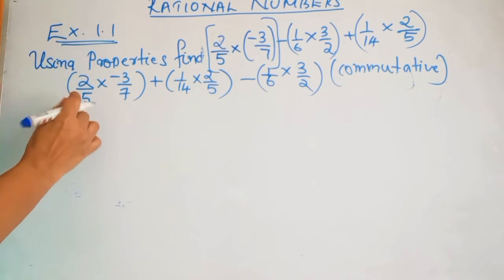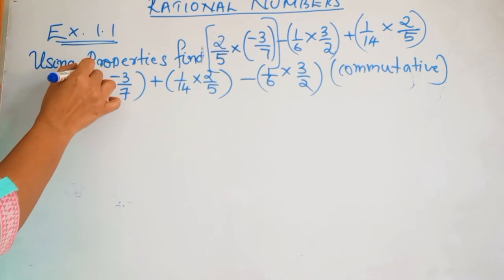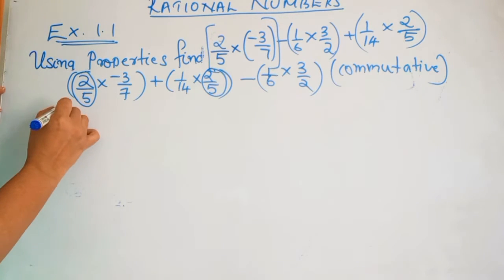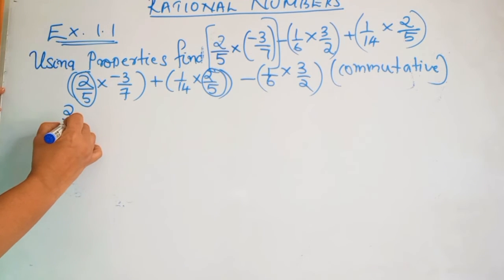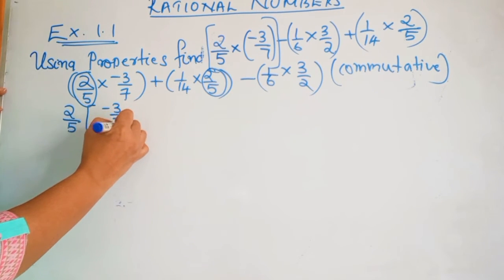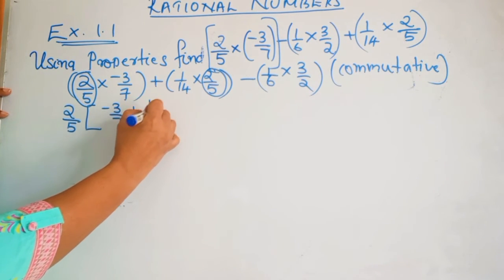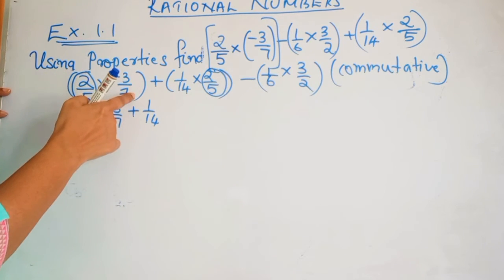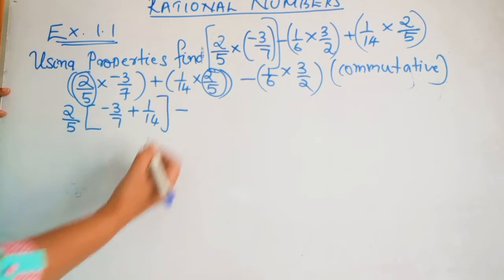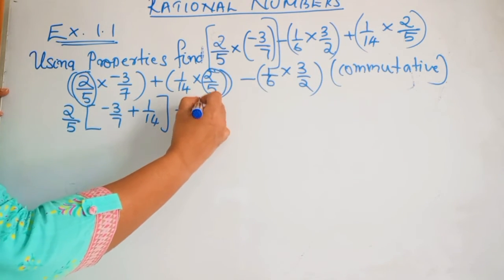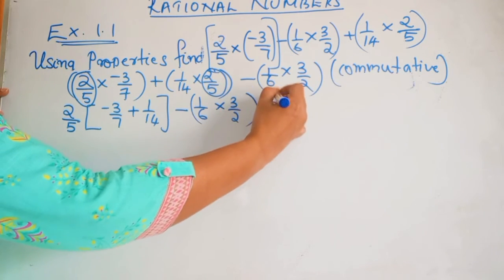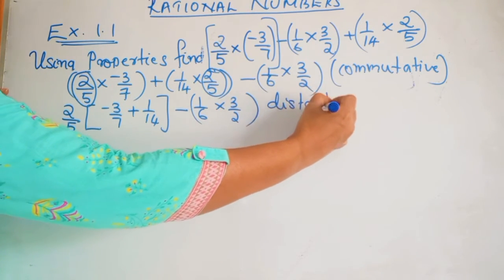Now next is to identify the common term. We identified it already, that is 2 by 5. So we can take it out: 2 by 5, then bracket minus 3 by 7 plus 1 by 14. Here minus 3 by 7 and here 1 by 14 remains. And minus, here you can see 1 by 6 into 3 by 2. So we apply the distributive property here.